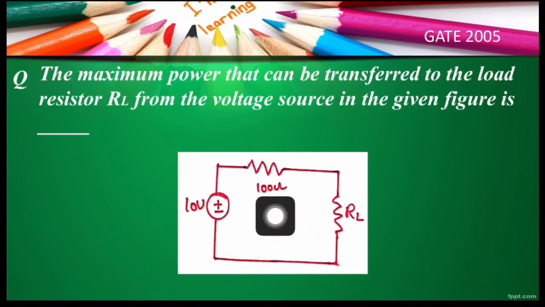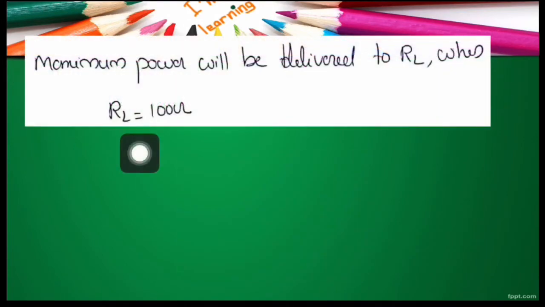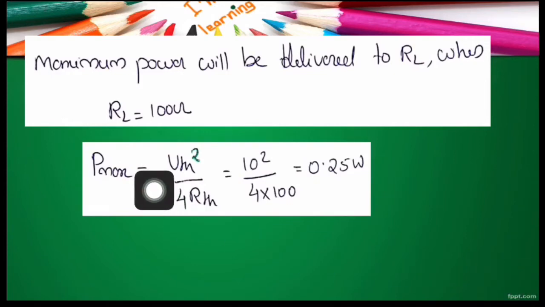So we can say that this source network delivers maximum power to this load resistor when RL is equal to 100 ohm. Here we are also asked to find out the value of maximum power, which can be mathematically expressed as VTH square by 4 RTH.